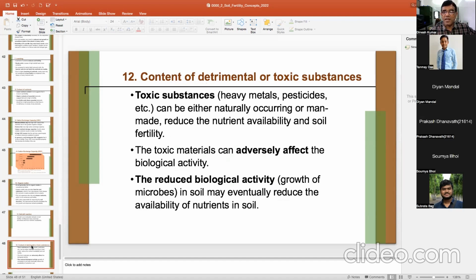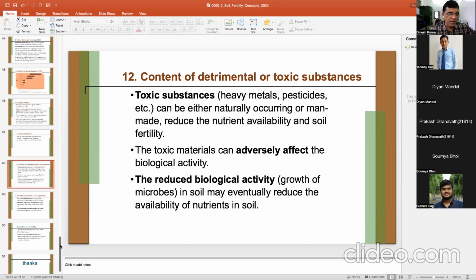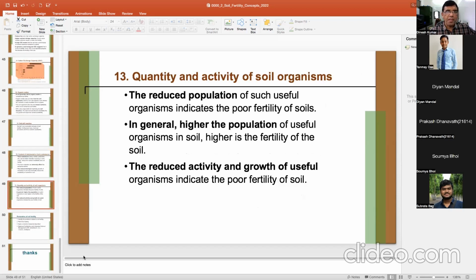The toxic materials can adversely affect the biological activity, and reduced biological activity in soil may eventually reduce the availability of nutrients. Overall, your polluted soil will have less fertility compared to unpolluted soil under comparable conditions.